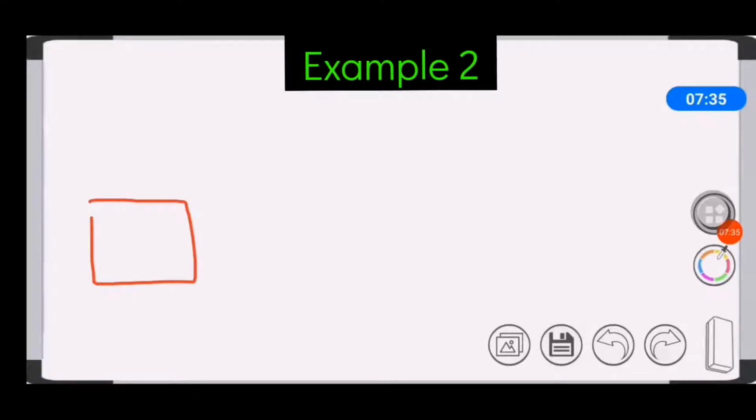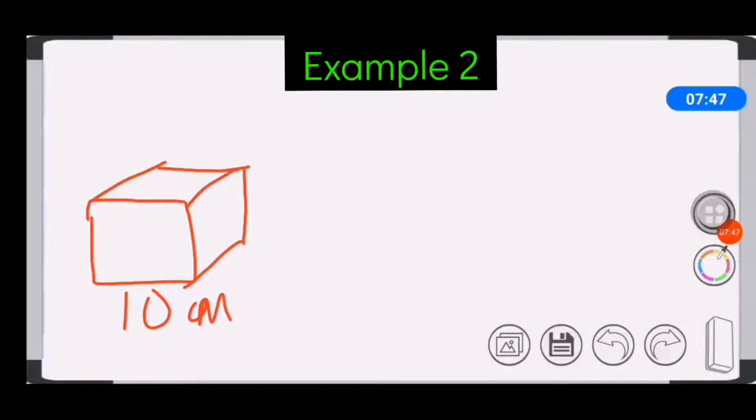Let's find the total surface area of this cube. Okay, the side of the cube is 10 centimeters.